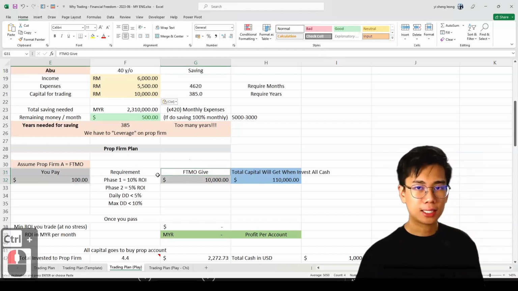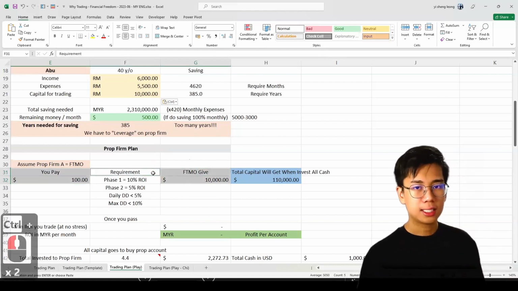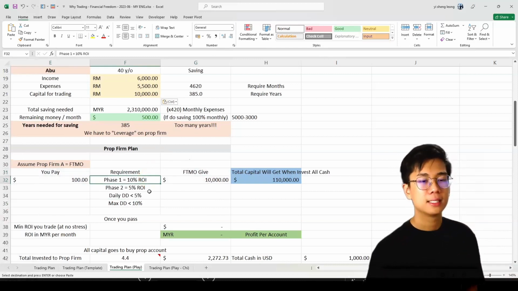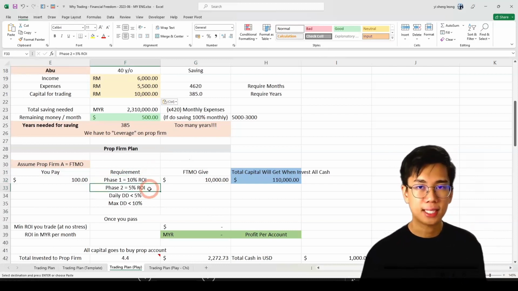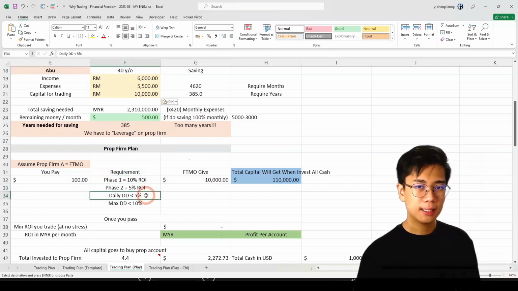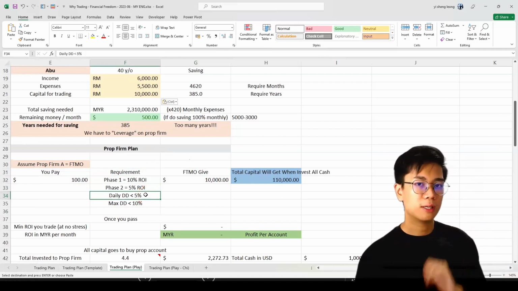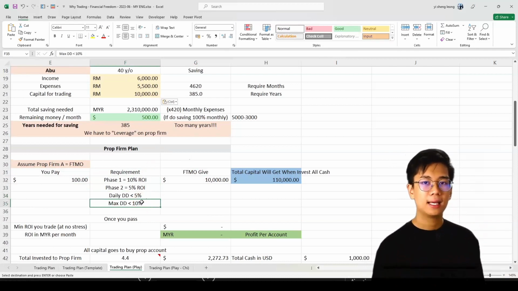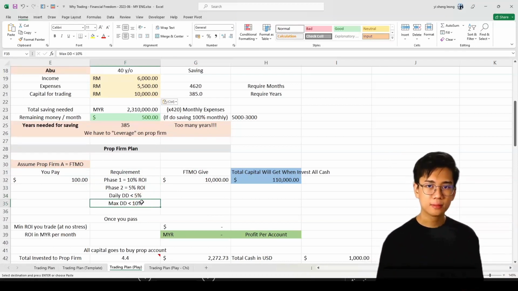But as long as you can fulfill these conditions, such as in the first month you make 10% ROI, in the second month you make 5% ROI, and your daily drawdown is under 5%, meaning that in a day you lose less than 5%, and in your entire account you lose less than 10%.